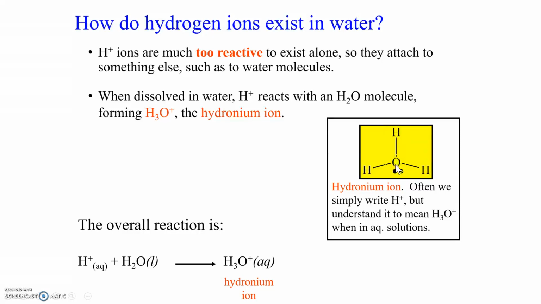So we have our original water molecule with that extra hydrogen added. Again, this is known as a hydronium ion, H3O+. When we write reactions, we often will just use the H+ for simplicity, but it's important to understand that there is not just H+ floating around in water. It exists as this hydronium ion.